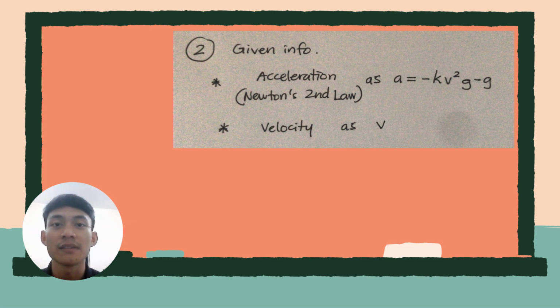The acceleration is given by Newton's second law, which is a equals negative kv²g minus g, and we note that the initial velocity is denoted as u.